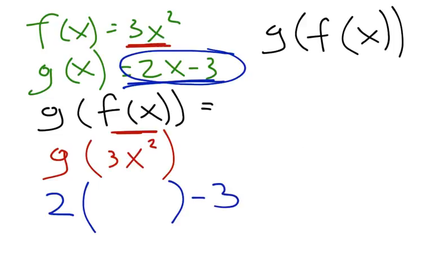Instead of the parentheses, I bring whatever was on the previous parentheses down. And from there it's algebra. There's no exponent on the outside, so that's not going to affect anything. So technically you have 2 times 3x squared, which is 6x squared minus 3.